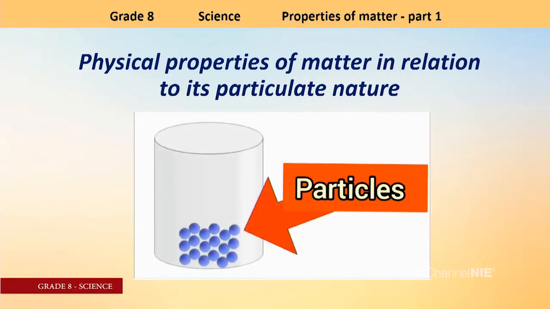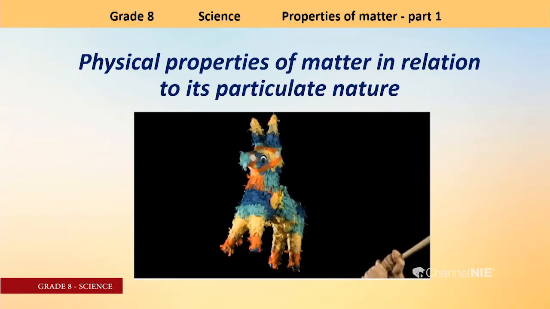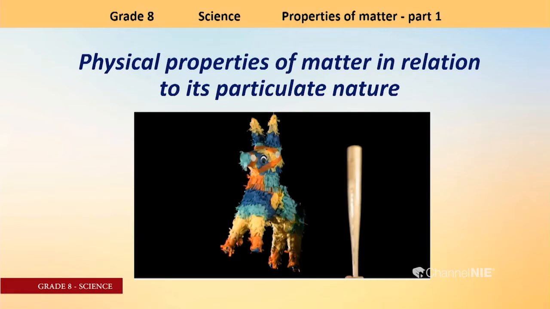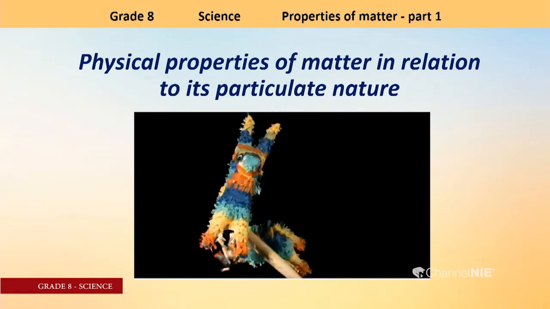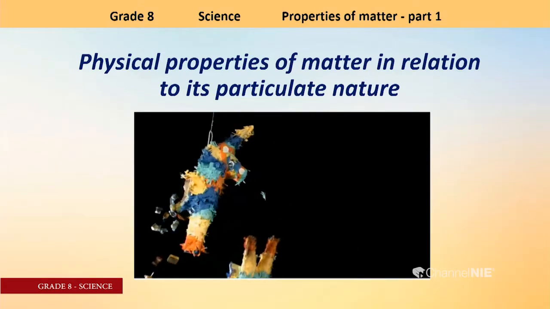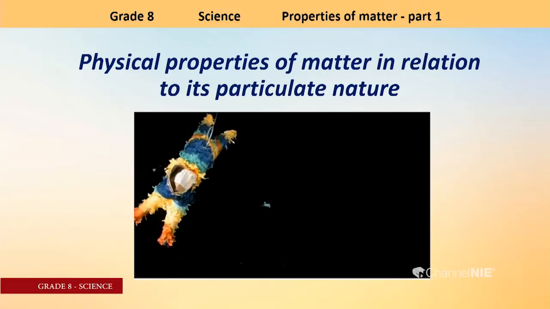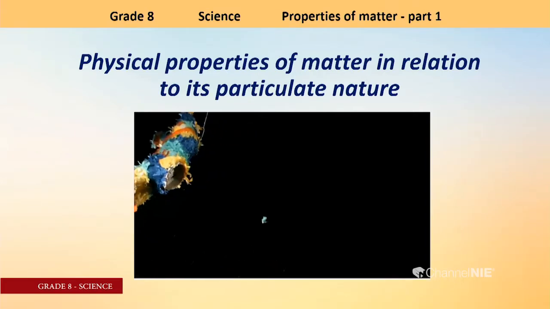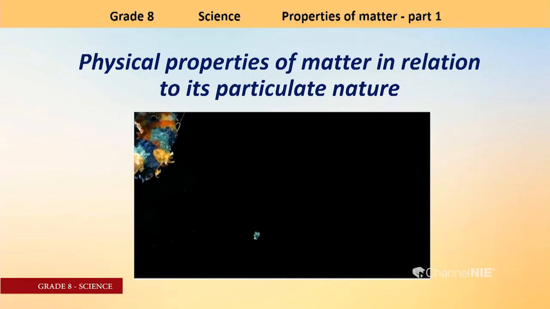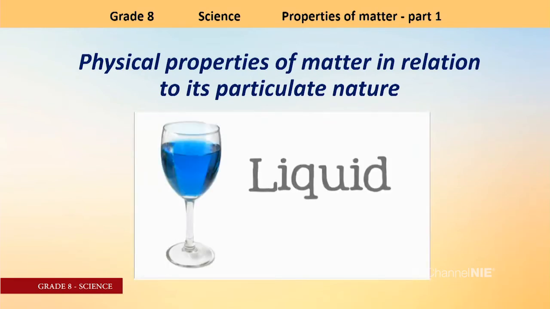That is the particle nature of a solid. It is hard to break. That means particles are tightly bound to each other, so it is not easy to break those particles.